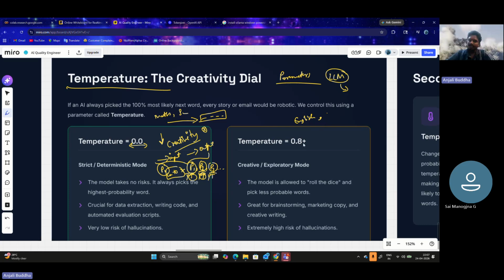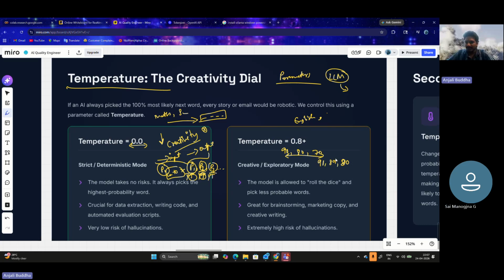There you could increase the temperature, and with this formula it allows greater probabilities. Let's say P1 initially had 90% probability, then 80% and 70%. As the temperature increases, the probabilities could change, like 91%, 89%, 80%. They could increase or decrease depending on the temperature.